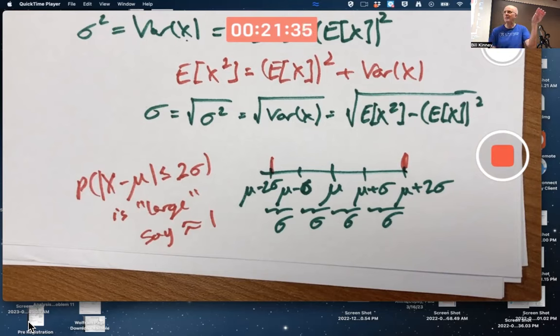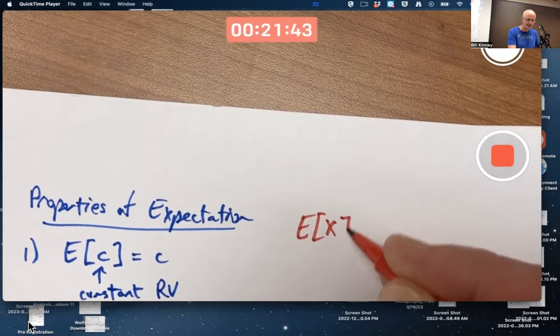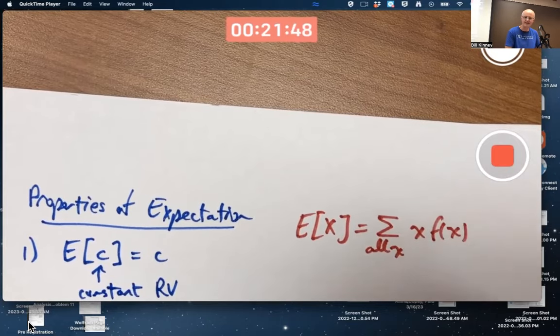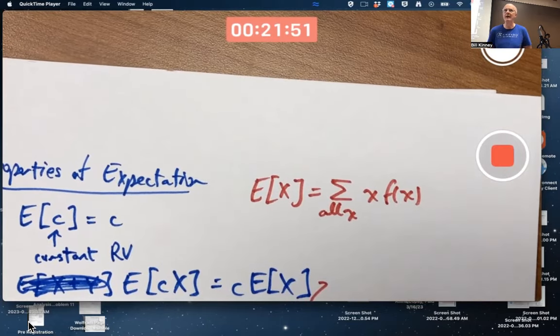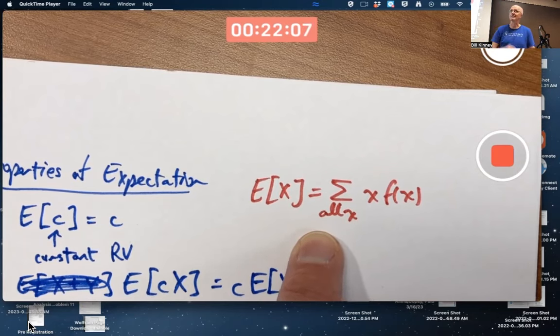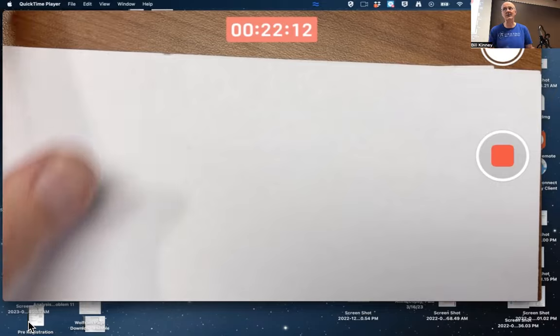Like if you've got an infinite sum, you're computing the mean using this formula, and all x means an infinite list of x, so it's an infinite sum, and maybe the sum doesn't converge. Maybe it diverges. If this diverges, the mean doesn't exist. How could that possibly happen? We'll talk about that. It actually can happen even in modeling situations, and it might even be an accurate real life model.